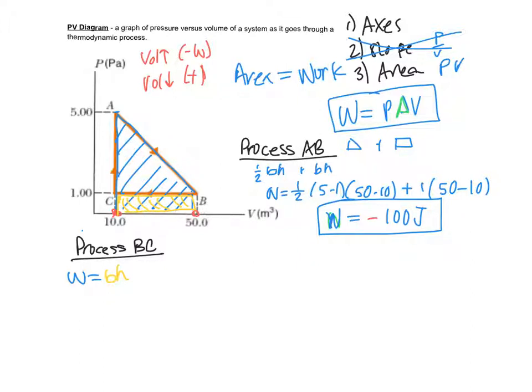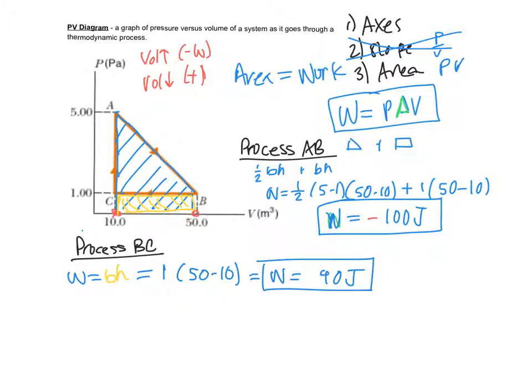We'll have for our pressure, it's constant, this is 1, it's not changing, or 1 Pascal. And then the change in volume, so we have 50 minus 10. So 50 minus 10 gives us the work done as 40 joules. Now we need to figure out the sign.